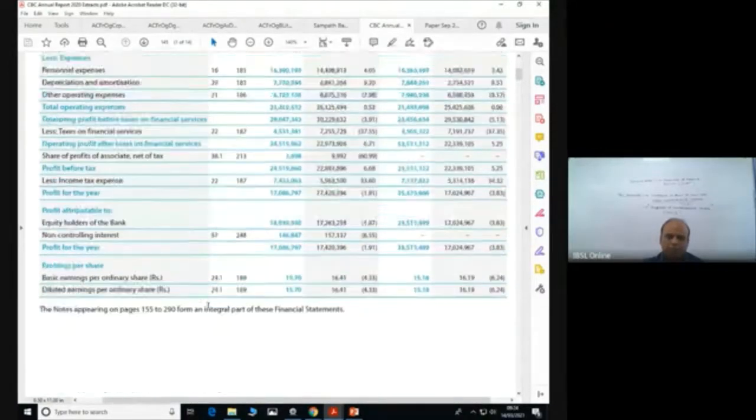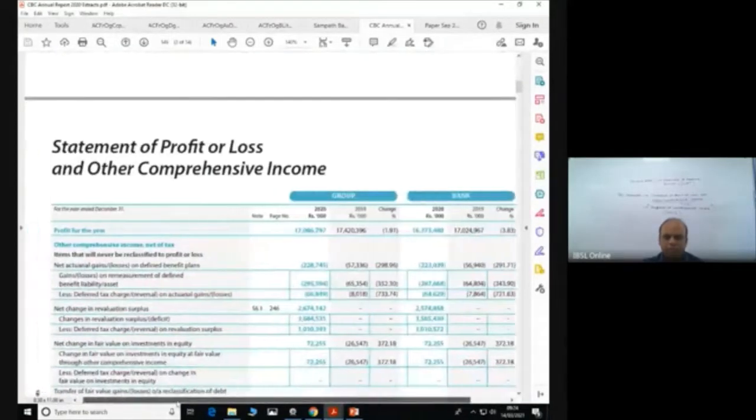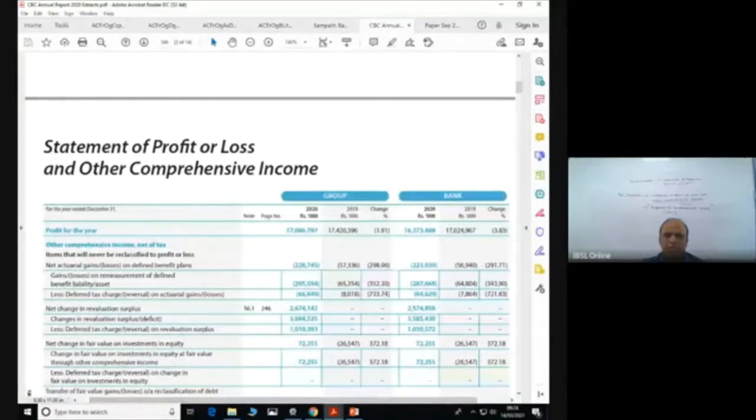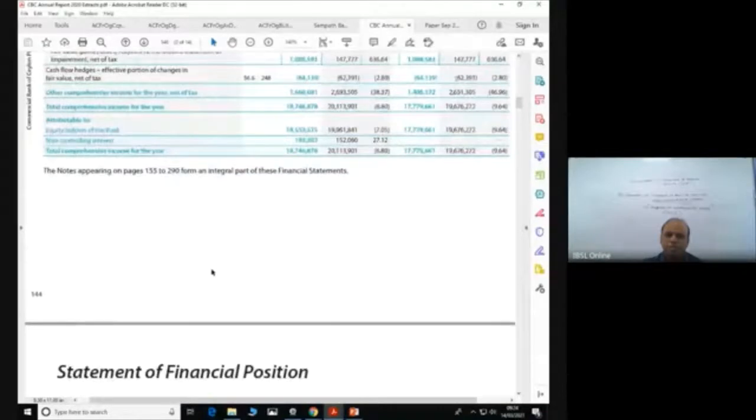Right? Then you have this statement of profit or loss and other comprehensive income. You see the name? Then they start with profit for the year, and then they show the other comprehensive income, and that is their financial statement. Right? That is the first part.